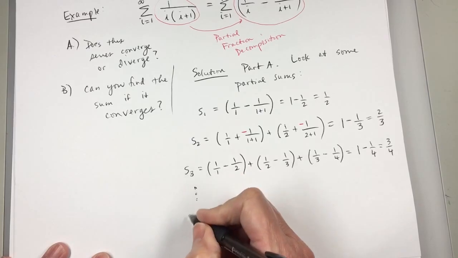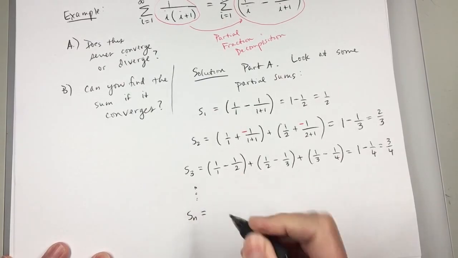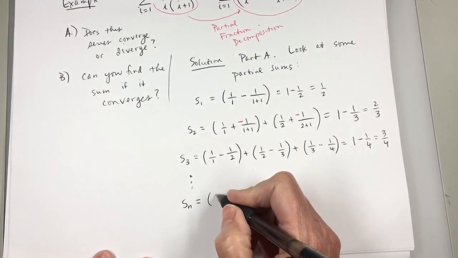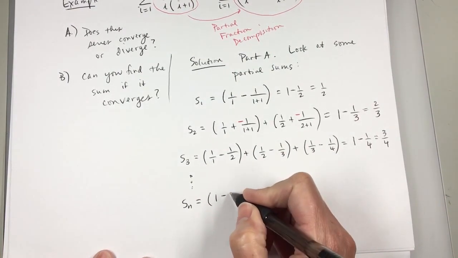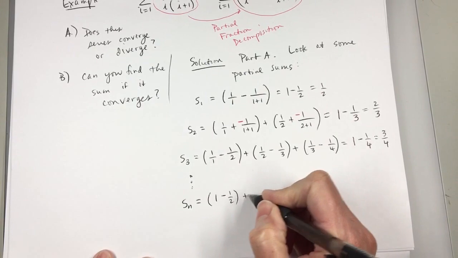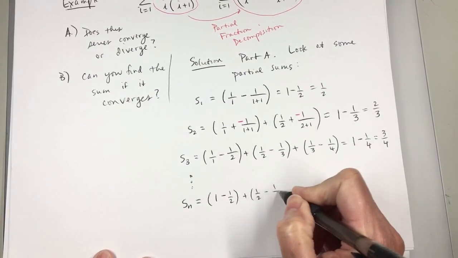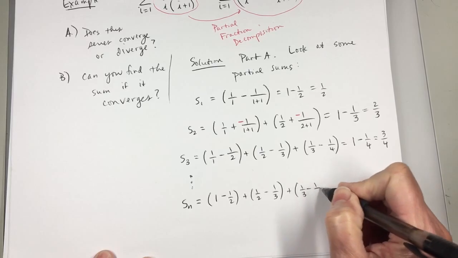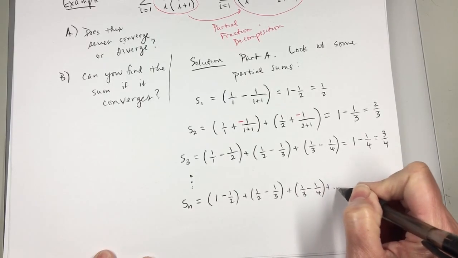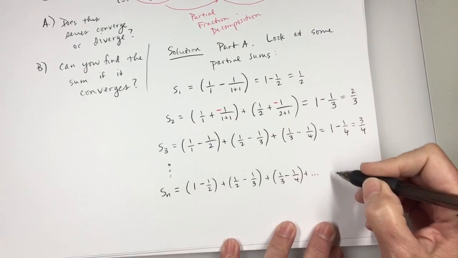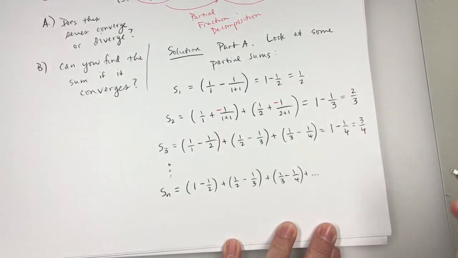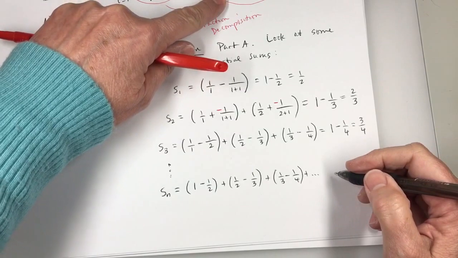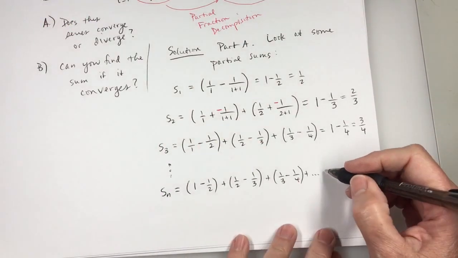What is S sub n? That's going to be 1 minus 1/2 plus 1/2 minus 1/3 plus 1/3 minus 1/4 plus ... and it would be, if I plug in, 1 over n minus 1 over n plus 1.